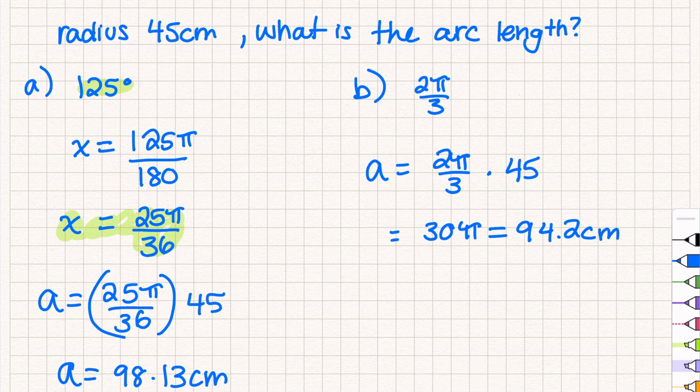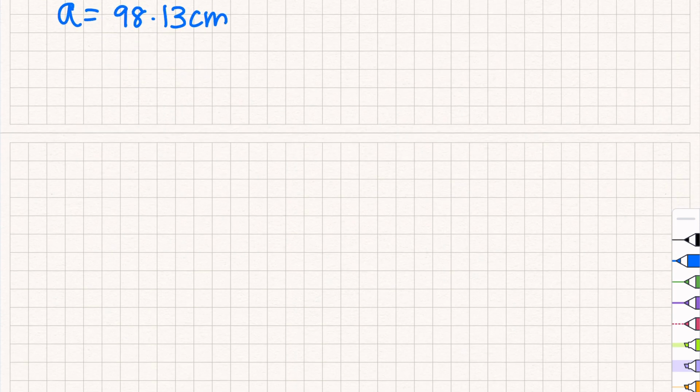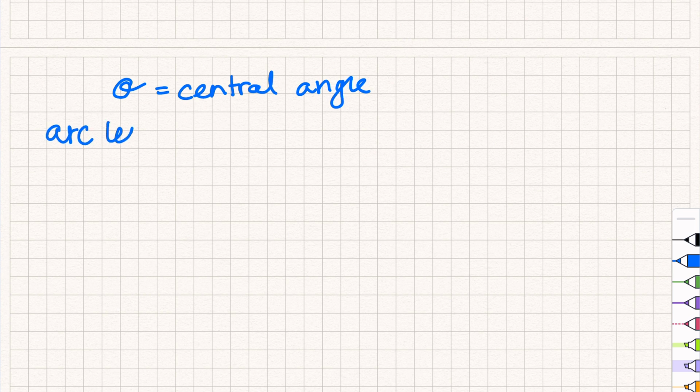So let's try one more question. This time, I'm going to ask you to find the central angle, so theta. We don't know what that is. Our arc length is going to be 12 meters in our circle, and the radius is going to be 8.